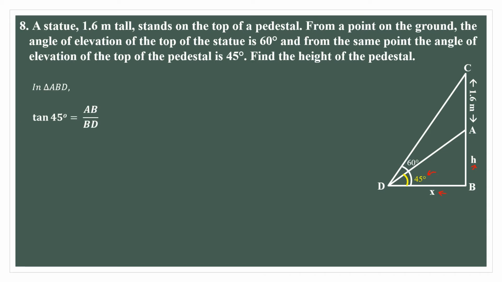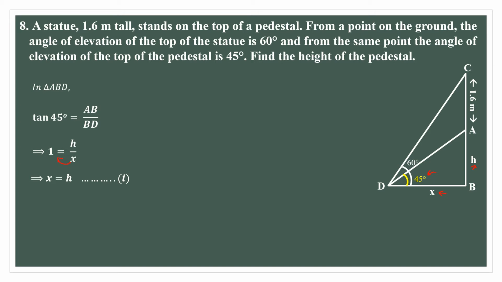The value of tan 45° is 1. AB from our consideration is h, BD is x. So we get 1 equals h by x. When we transpose x to the left hand side, we get x equals h. Let us consider this as equation number 1.